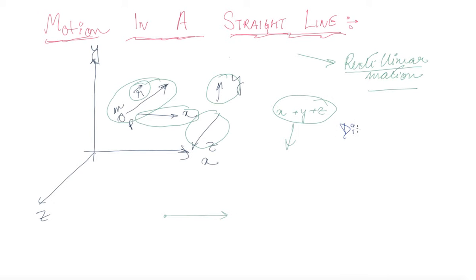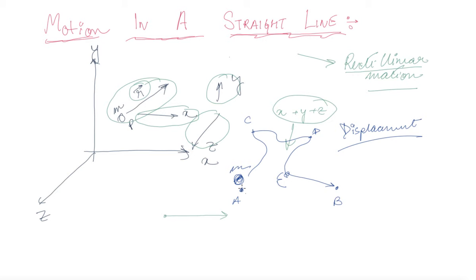The first term is displacement. Now suppose this is a point A and this is a point B. Our object has been displaced from A to B. Now it may mean that the object may be carried over here to a point C, then again brought over here to a point D, to a point E, and then finally placed at the point B. So when you talk about the initial and final positions, this is initial and this is final.